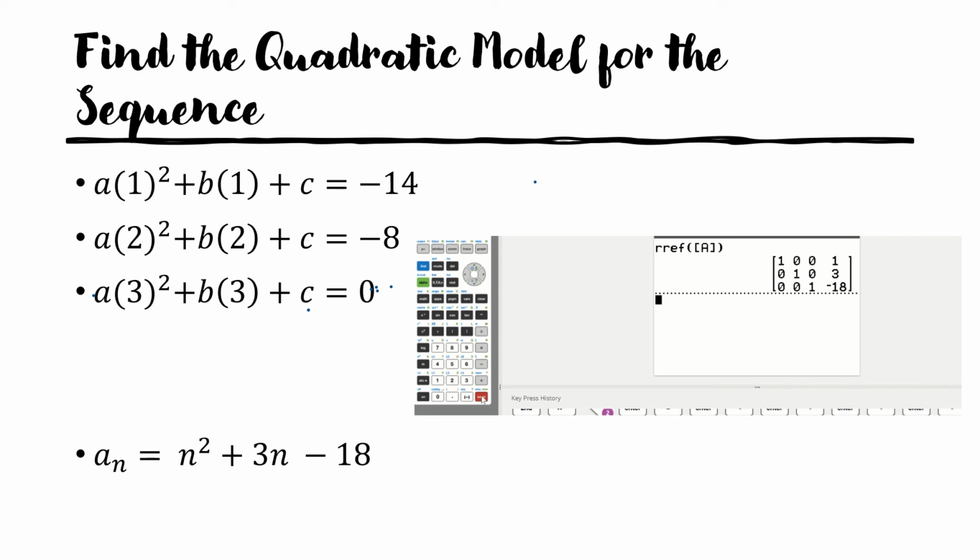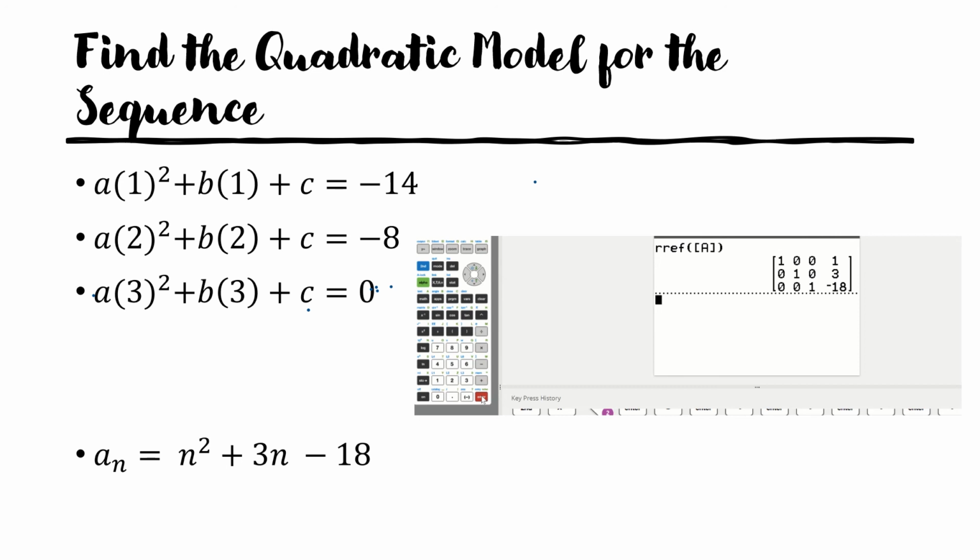Now let's think about it. Our first number in that sequence was negative 14. So if I substitute 1 for n, a1 equals 1 squared plus 3 times 1, that's 3, plus 1 is 4, minus 18. Well, that gives me negative 14, and that was my first number in the sequence.